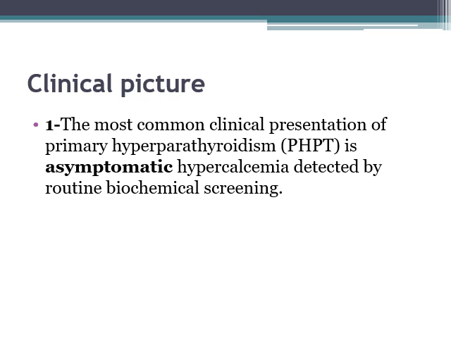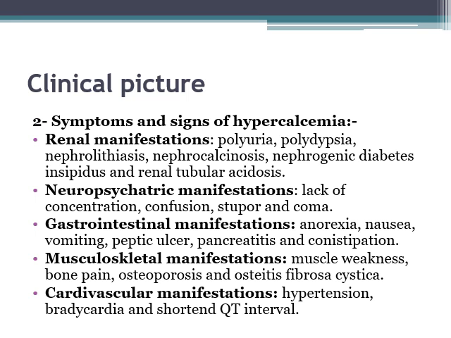For the clinical picture of hyperparathyroidism, in primary, the patient usually is asymptomatic and the hypercalcemia is detected by routine biochemical screening. If there are symptoms and signs, they will be of hypercalcemia.